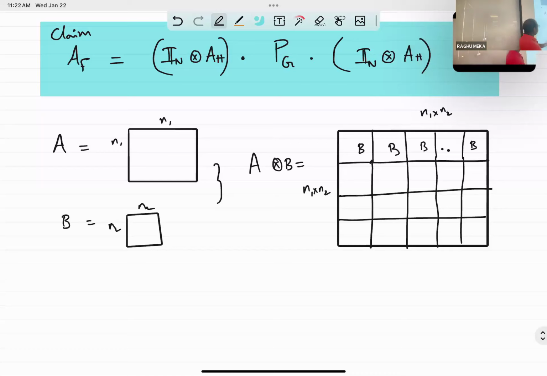I'm putting copies of B in blocks, but I'll scale each copy of B with the corresponding entry in A. So this will be A11 times B, A12 times B, A13 times B, and so on.